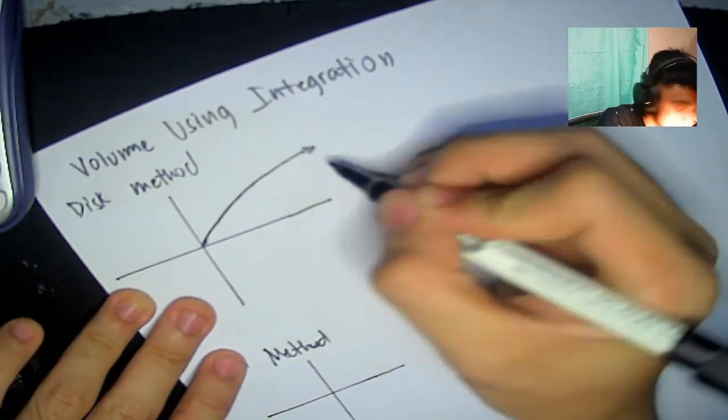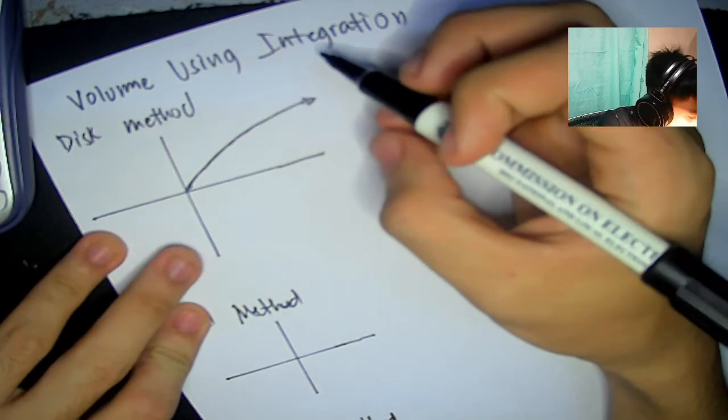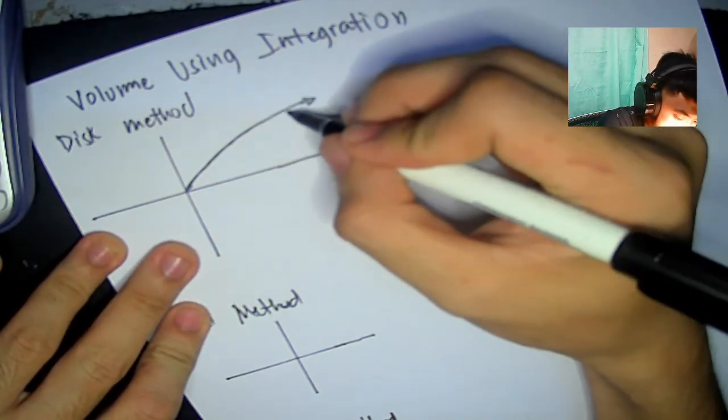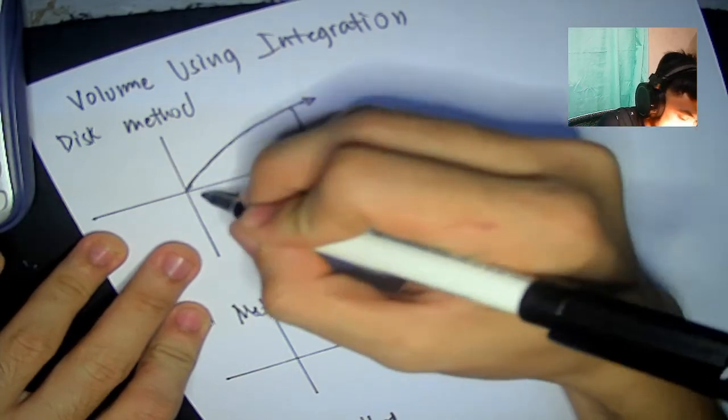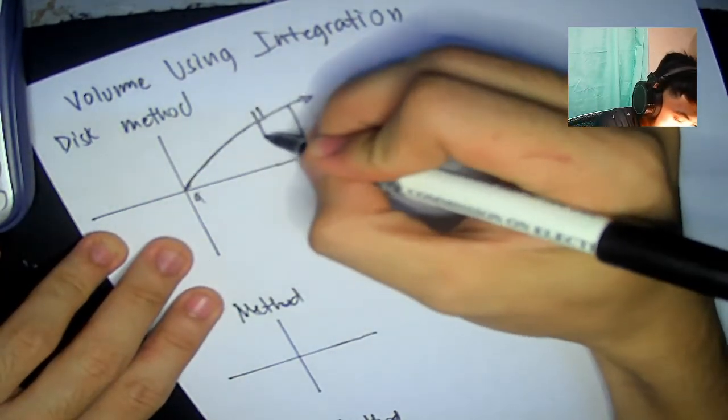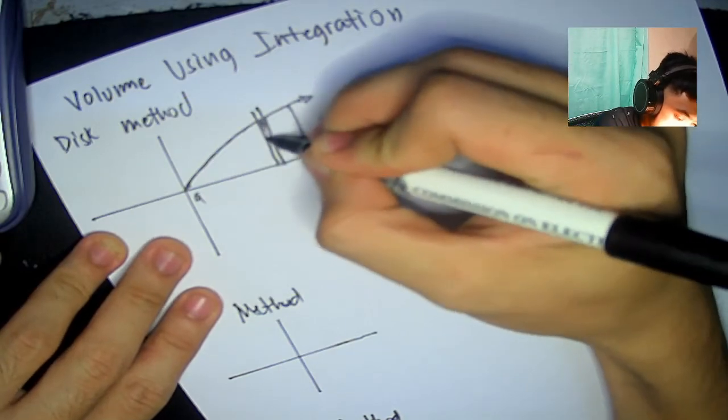You'll have your function here, and you'll have the range here, A and B. So you have here dx.